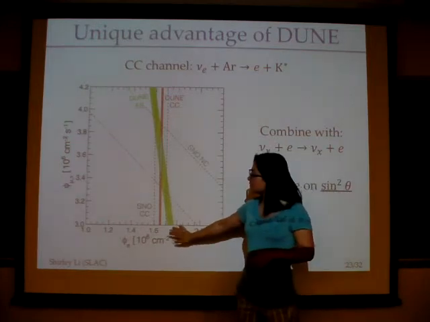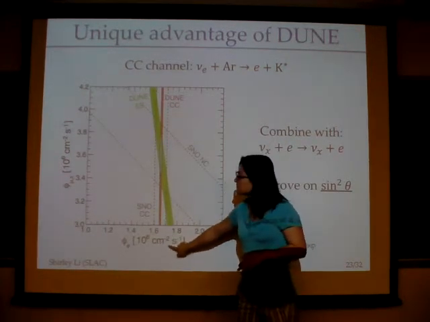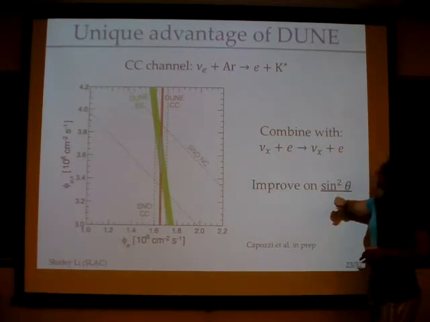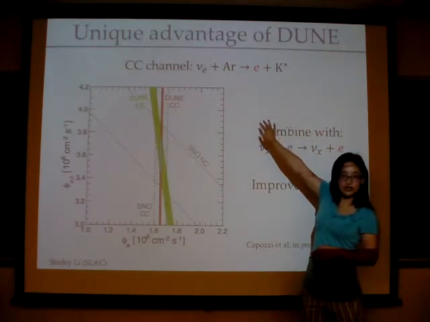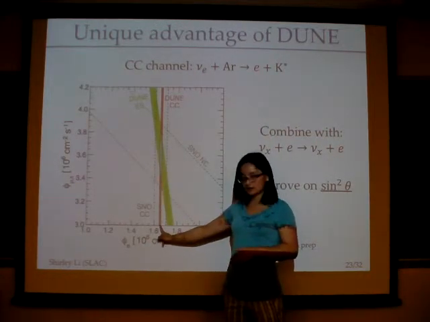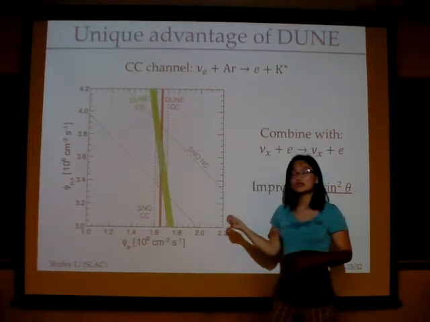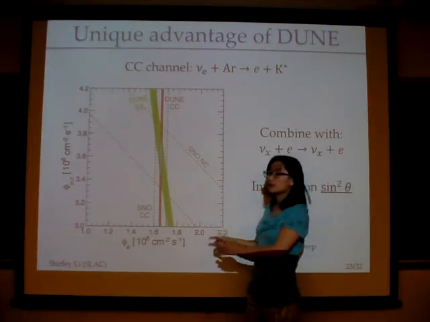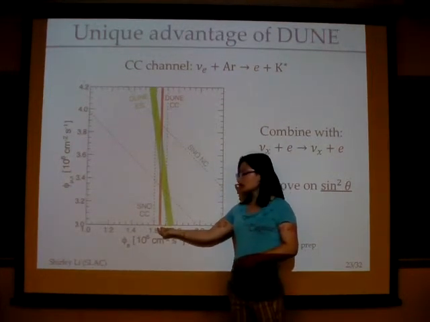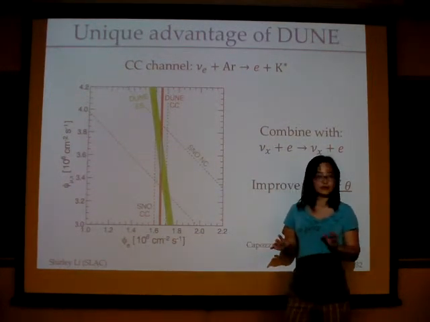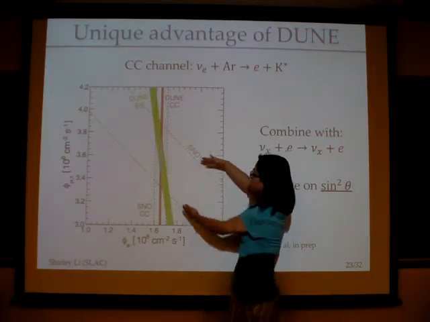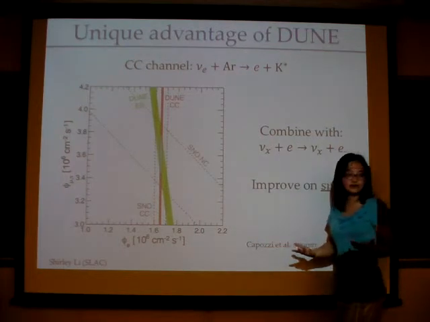It's the same idea as the SNO figure, nu_e flux on the x-axis, nu_mu and nu_tau flux on the y-axis. If you can measure a pure charged current flux, it gives you a vertical band, and this red band with this thickness is what DUNE can do statistically, compared to the SNO old charged current band, which is this big. So you see, DUNE charged current statistics is amazing compared to what SNO has. SNO has a neutral current band that DUNE does not have.